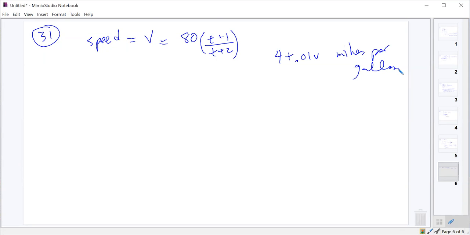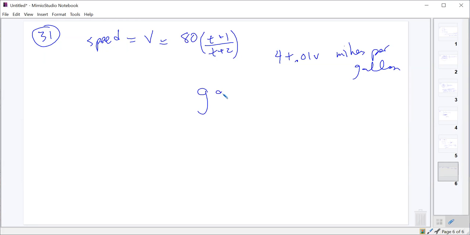2 hours. So to figure out the number of gallons that it uses, we need to write out a formula that represents gallons per hour and integrate that across 2 hours.